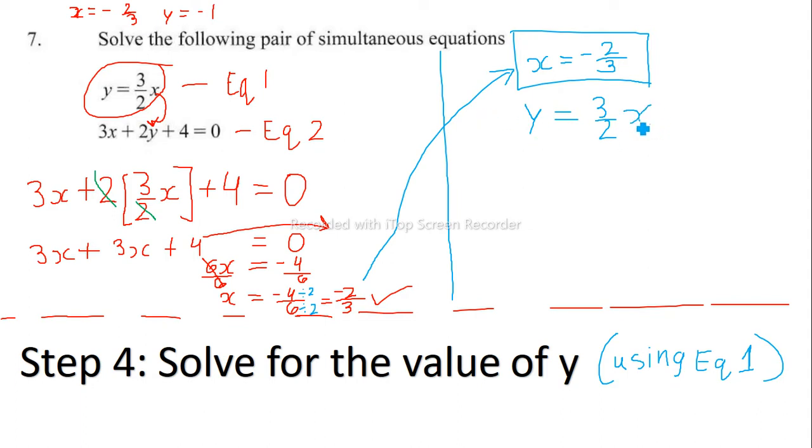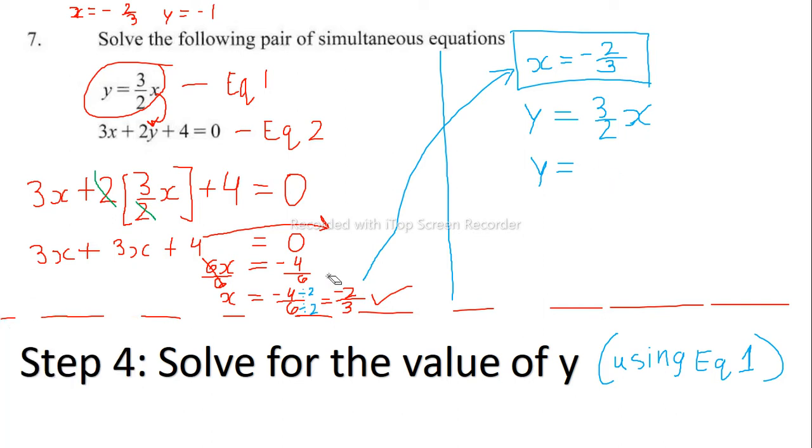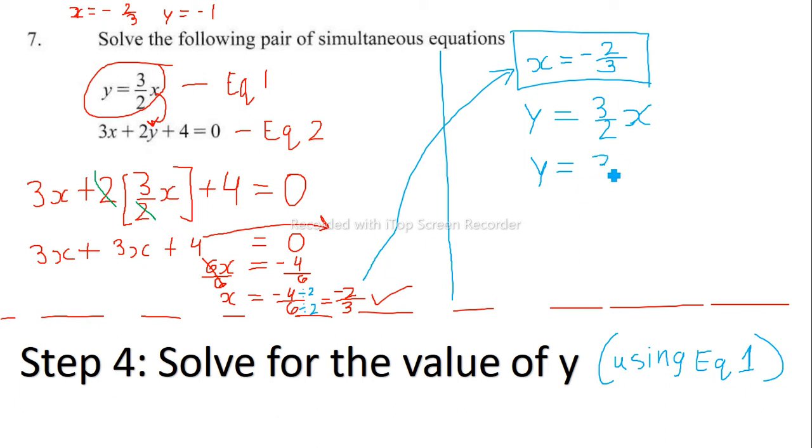Remember what x is, right? x is simply negative 2 over 3. Good. This is 3 over 2, and x is negative 2 over 3, close bracket.